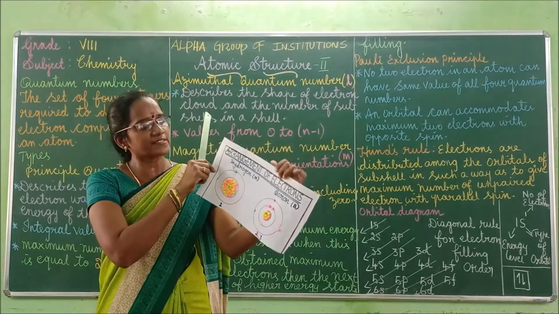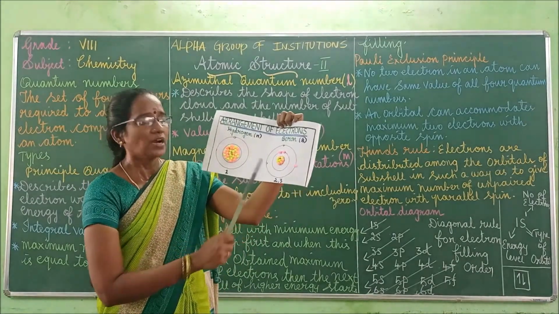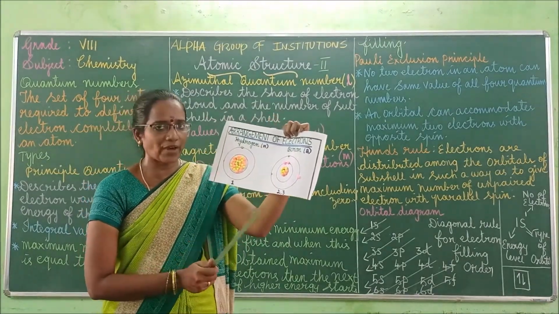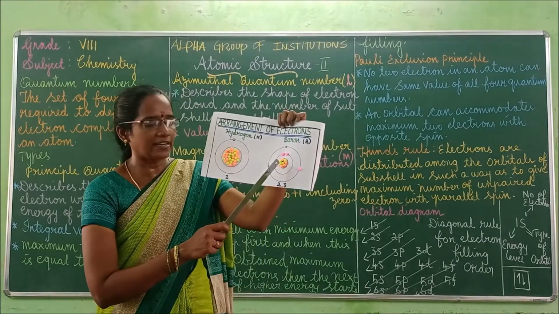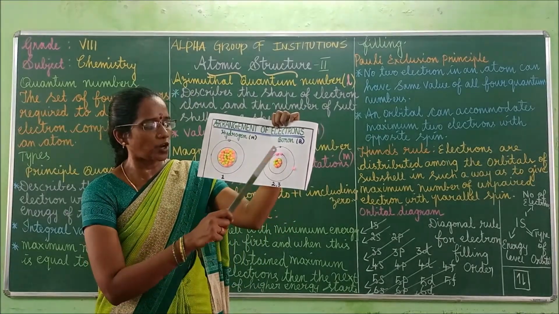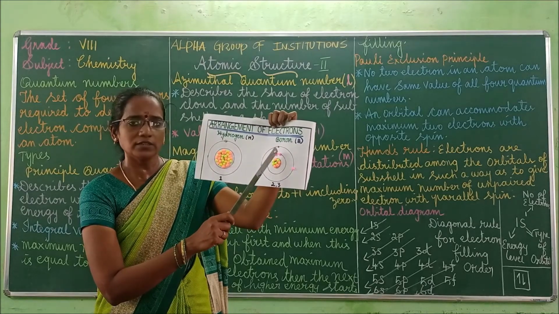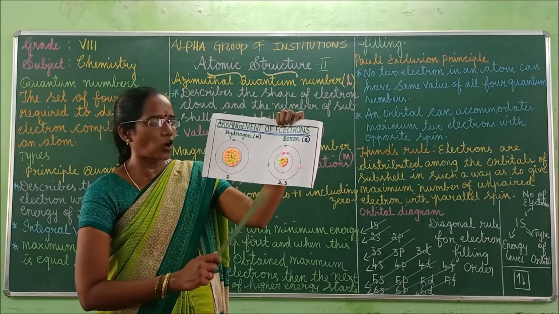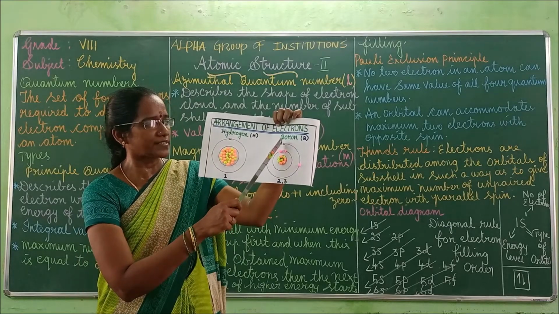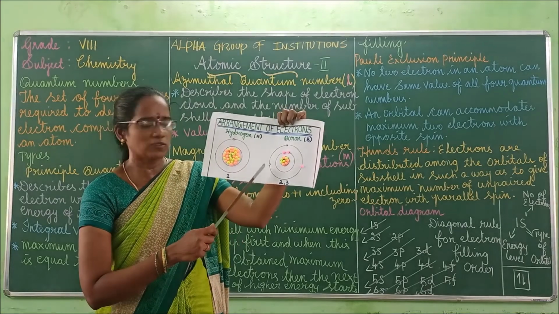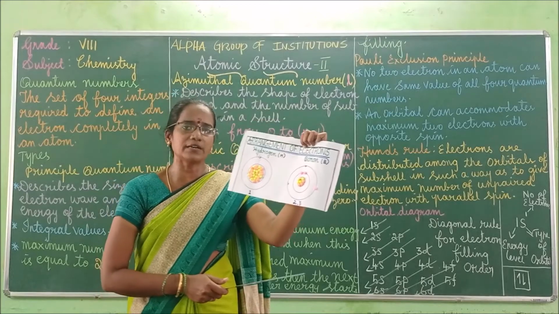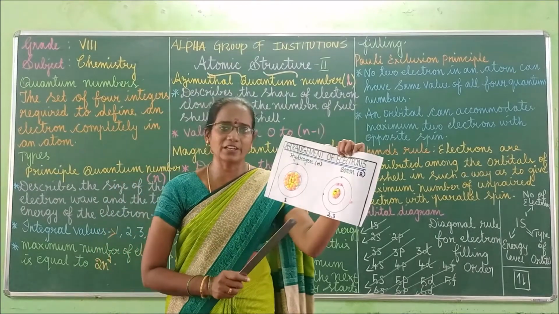Next one, this is the boron element. Its atomic number is 5. So this is the center part. In the first orbit, how many electrons are present? 2 electrons. 1, 2, and in the second orbit, 3 electrons are present. 1, 2, 3. So totally how many electrons are present in boron element? 5 electrons.